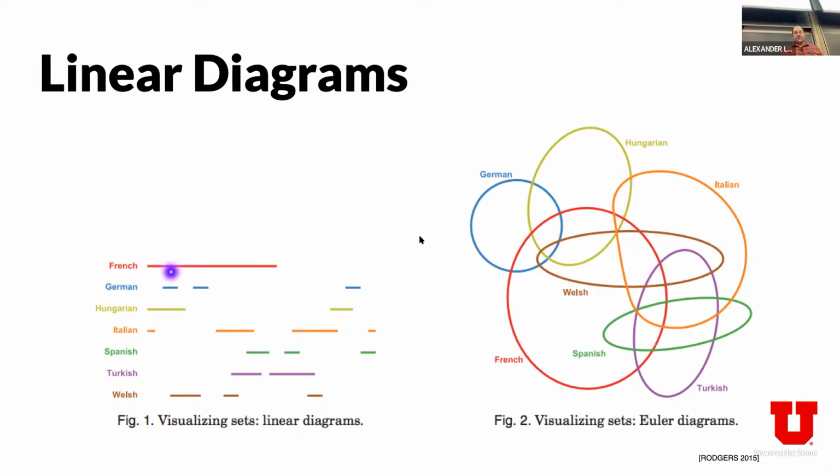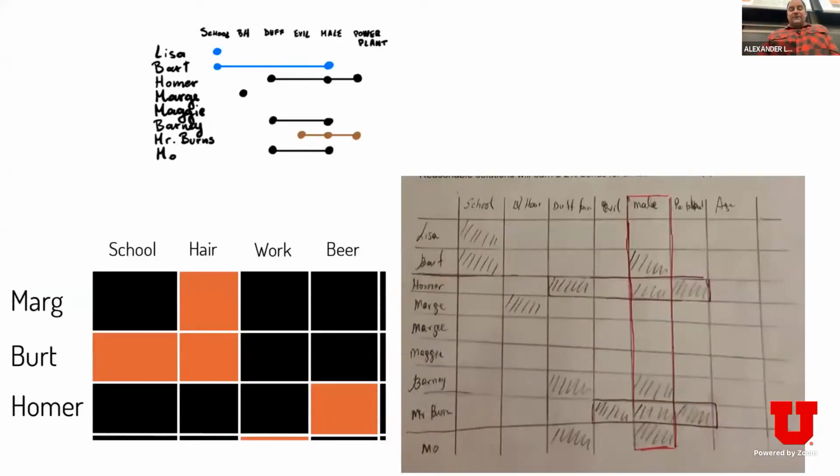There's an overlap between French, German, and Hungarian. There's an overlap between French, Hungarian, and Welsh, and so on, right? So this is how you read this. And that also works well. It's an interesting solution for sure. I saw something like this before in some of the designs in previous versions of this class.